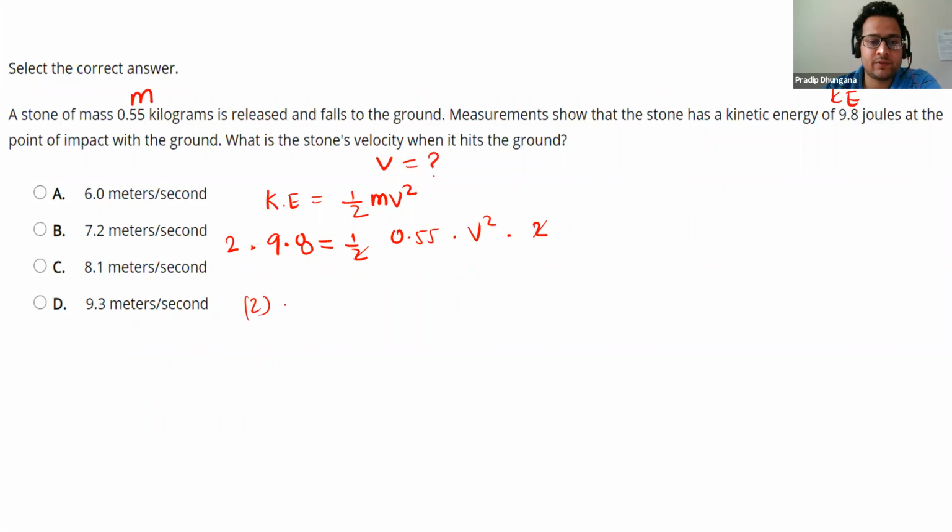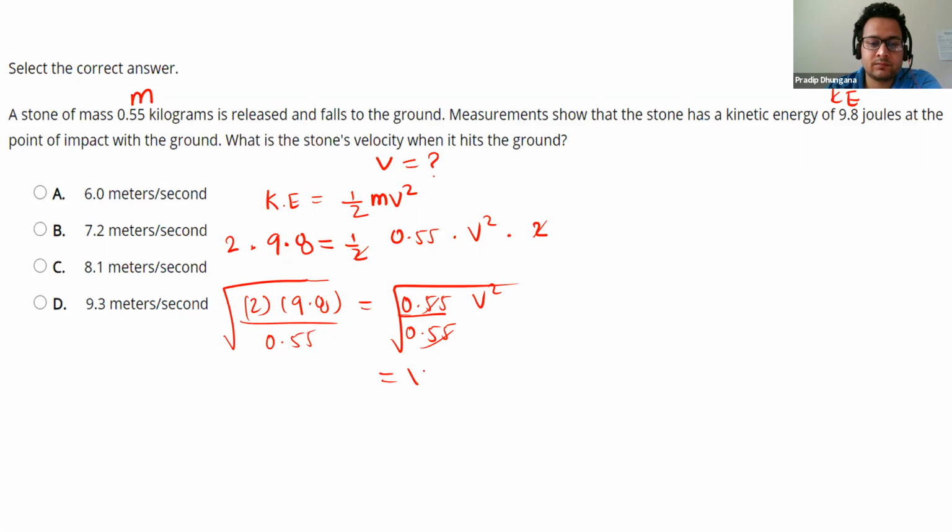On the left it becomes 2 times 9.8, and on the right 0.55 times v squared. To get rid of 0.55, divide both sides by 0.55 and take the square root on both sides to just get v, since we have v squared. The square root of v squared is v.